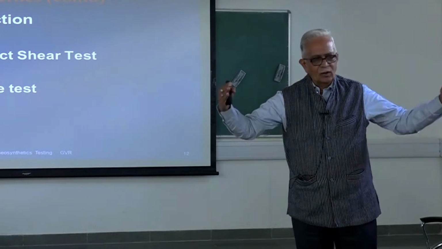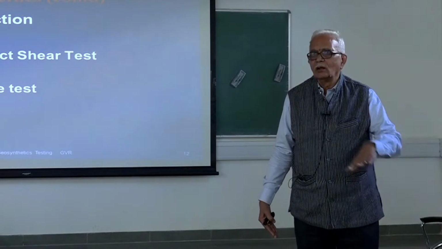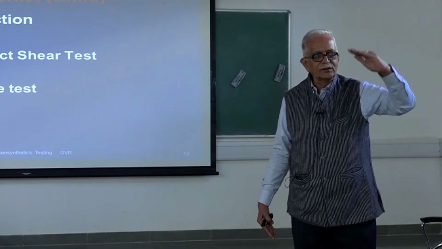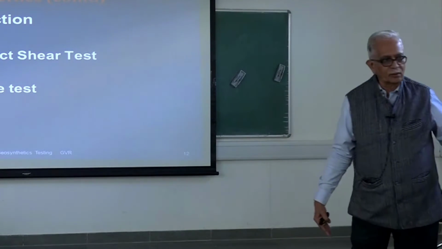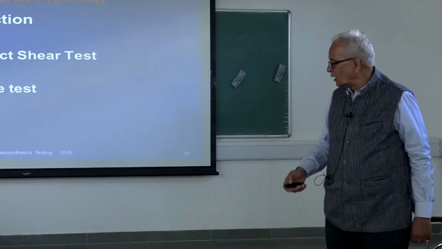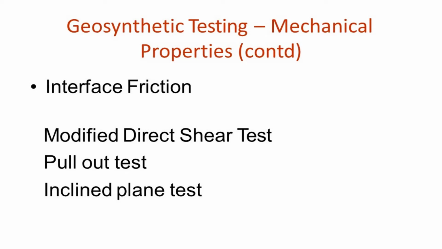So what you do, you have a box, put the soil and put the geosynthetic, put more soil over it, apply the load in a similar way like a direct shear, and then pull it out, such that the soil is there on both sides. That is what we call the pull-out test. So we will find that there will be use for both of them in the actual system.